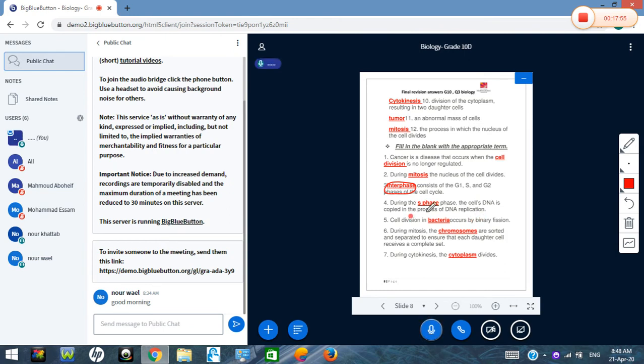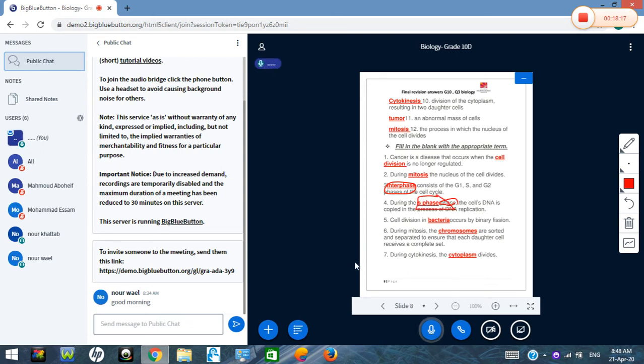Next one, number 4, during the S phase, the cell's DNA is copied. The question asks about the phase. If it asks about the process, you write the duplication process, but it asks about the phase. So the phase in which the DNA is duplicated or replicated or copied is the S phase.